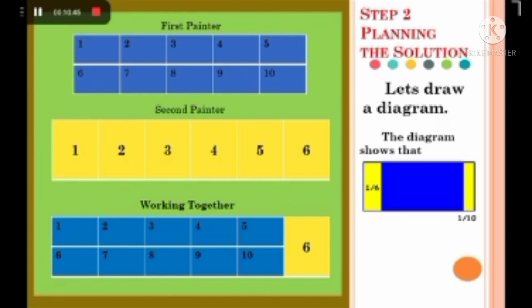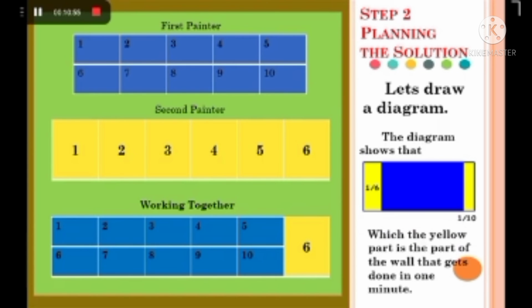So this serves as the job rate of each painter, which is 1/6 and 1/10. The yellow part is the part of the wall that gets done in 1 minute.